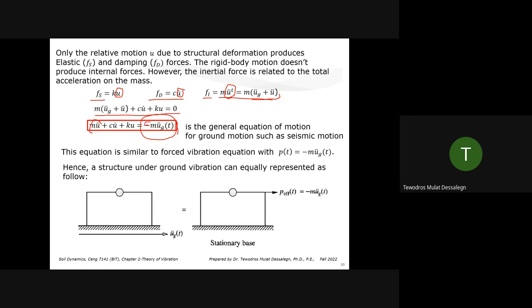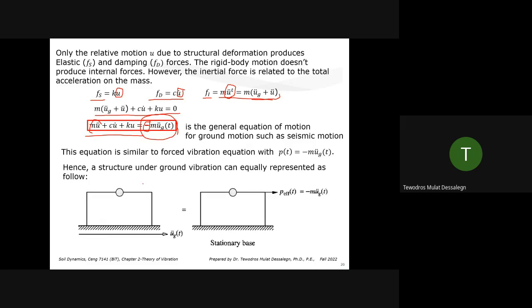The difference is just a minus sign now. So whether you have externally applied force like a force on the object or a ground motion, you have the same terms all the time: inertial force, damping force, stiffness force, and the only difference is how the force is acting. If it's a ground motion, it's minus the mass times the ground acceleration.